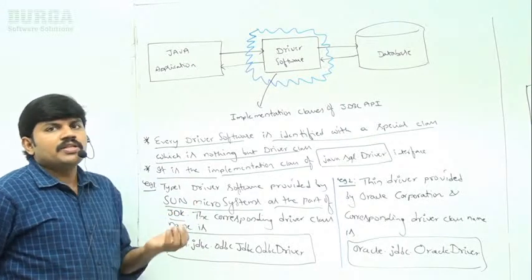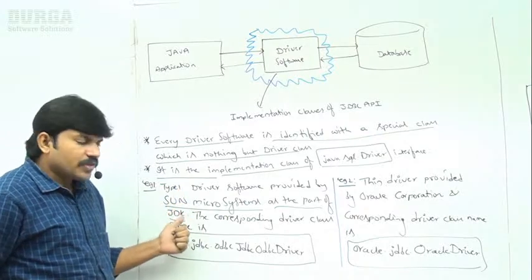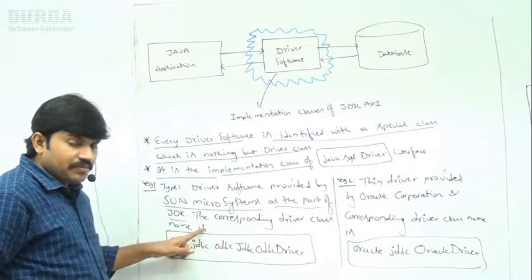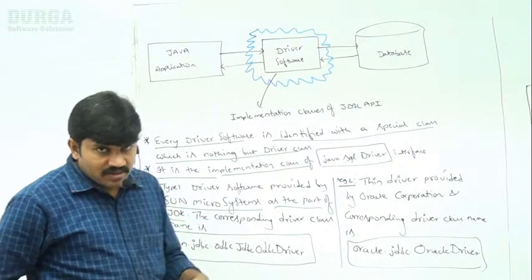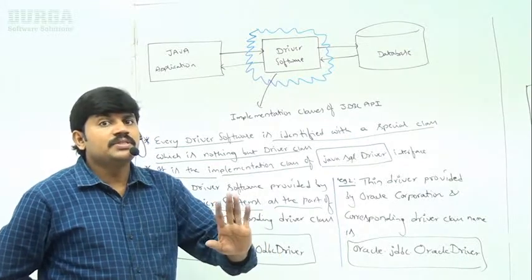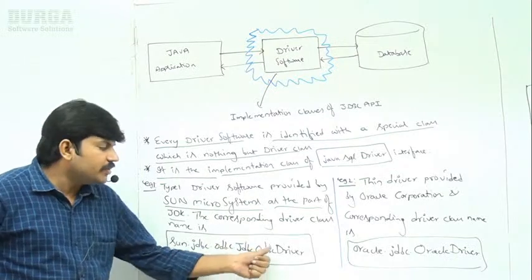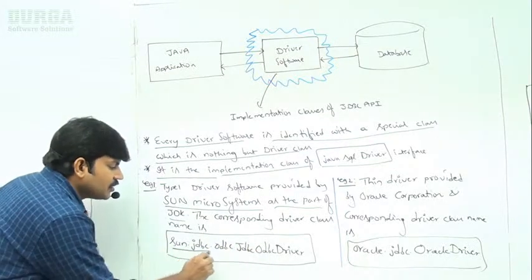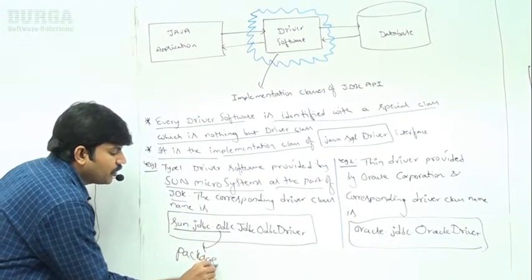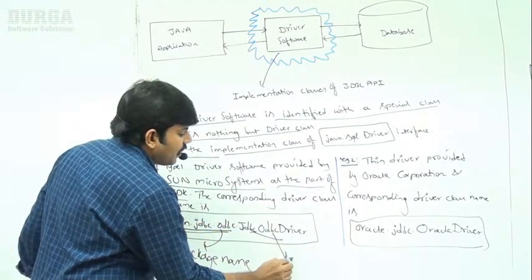Next, type 1 driver software is provided by Sun Microsystems as part of the JDK, sir. So once we install the JDK, type 1 driver software automatically comes. Its corresponding driver class name is, can you spell out, sir? sun.jdbc.odbc.JdbcOdbcDriver. Have you observed? This is the package name, sun.jdbc.odbc, and this one is the class name, JdbcOdbcDriver.